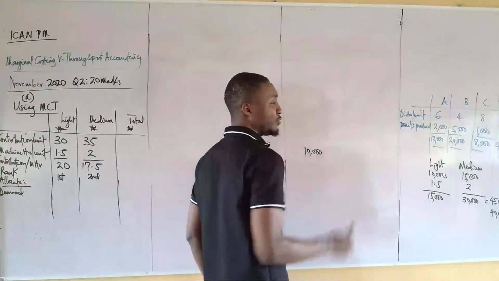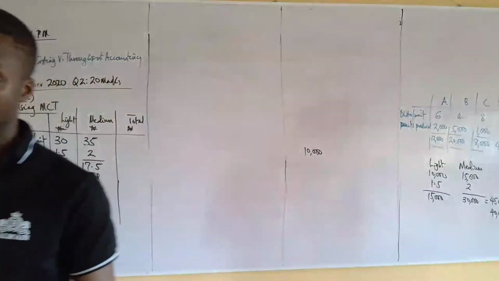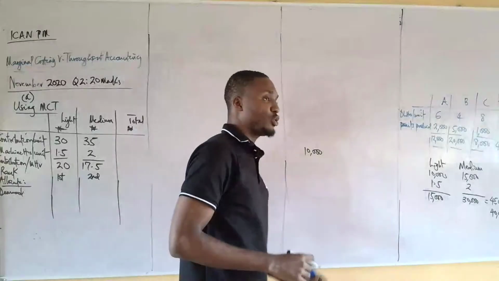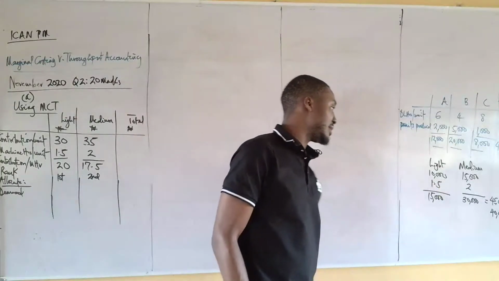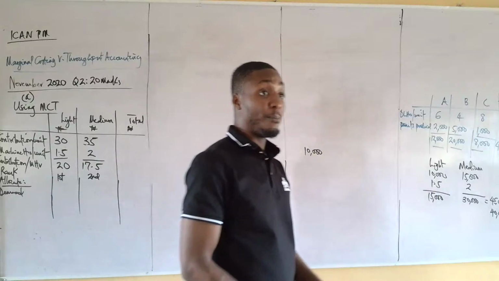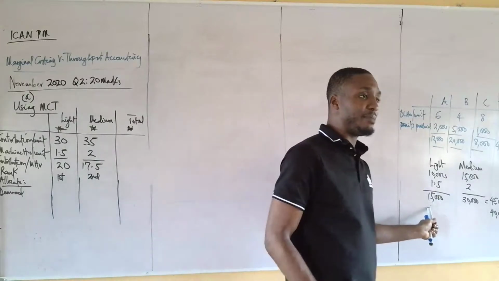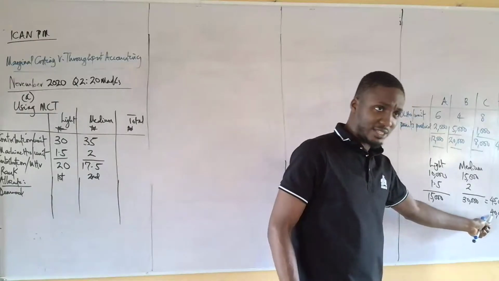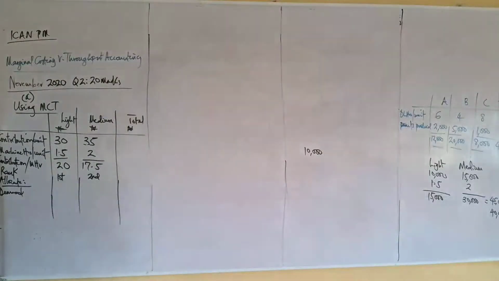Now let's see if we have enough machine hours, because we are allocating based on the bottleneck. Do we have enough bottleneck to manufacture all units of light? Each unit of light has how many machine hours? 1.5. So to meet this demand, we need a total of 15,000. We have that in the 40,000, so we can meet the entire demand.